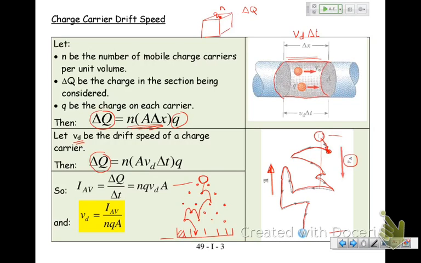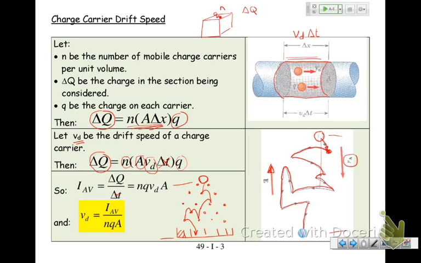So I can just substitute in A times drift velocity times T for that A times delta X times Q. And then I recognize, oh, hold on, my current is my charge per time. So divide this thing by my time. And I go, well, N's there, and Q's there, and A's there, and my drift velocity is there. But the time goes away because of that. So I get I equals NQ drift velocity times A.